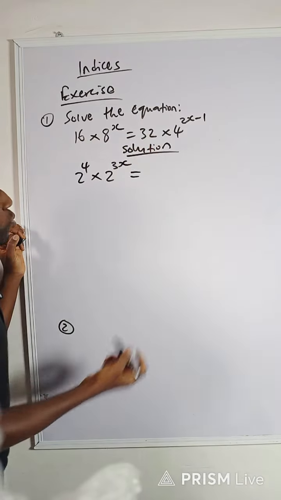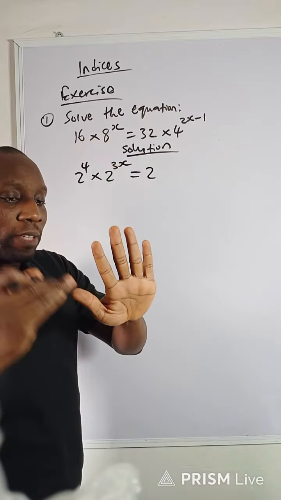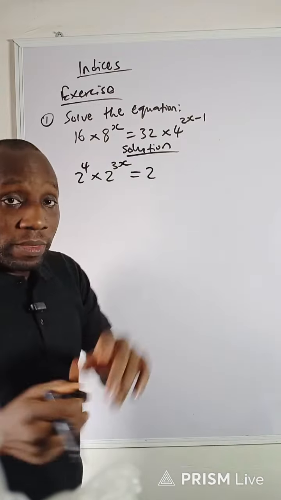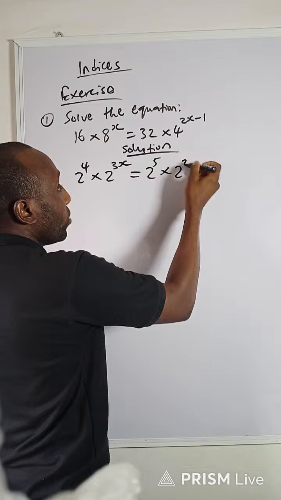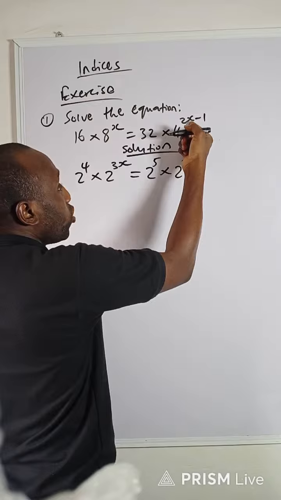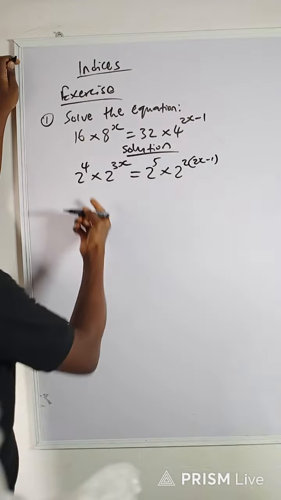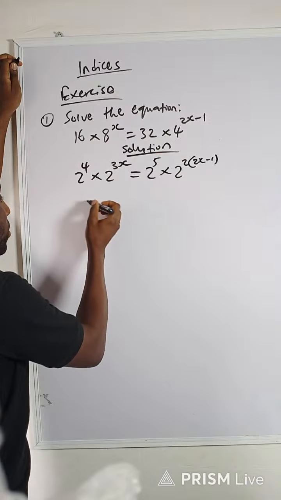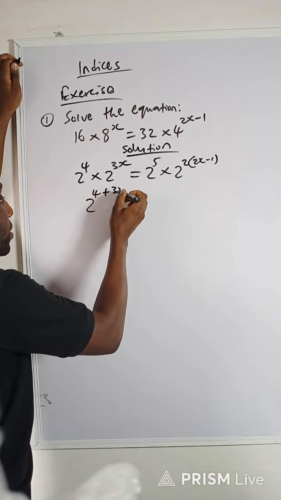What about 32? 2 to the power of 5. If you multiply 2 times 2 times 2 times 2 times 2, you get 32. And 4 is 2 to the power of 2, but it will be used to multiply 2x minus 1. Same base here. We are multiplying, so you add the exponents. That will be 4 plus 3x.